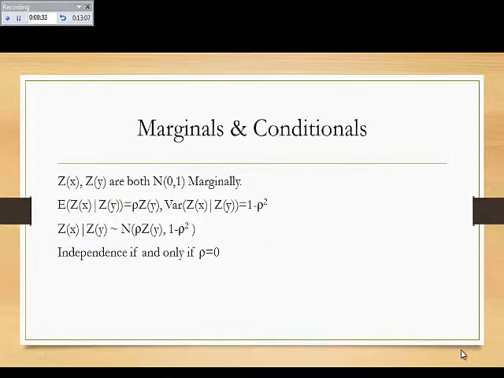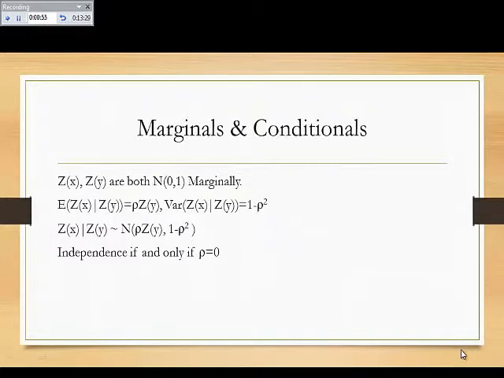The mean is just rho times the z of y, the standardization of y, and the variance is 1 minus rho squared. After standardization, all the sigmas disappear and all the mu's disappear.